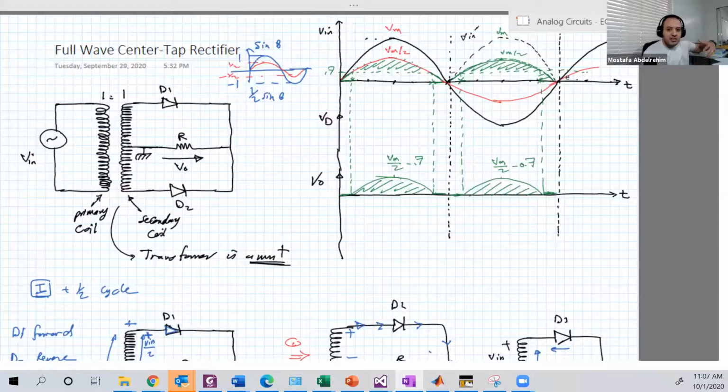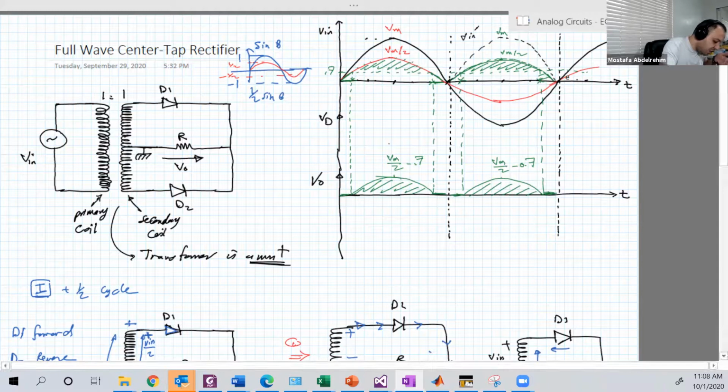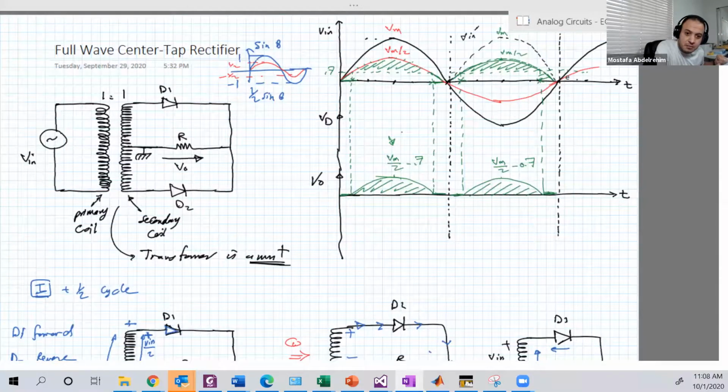Now one might say this may be equivalent to the half-wave rectifier. No. Because yes, I know that you are saying this because this is Vmax over 2, not Vmax like the half-wave rectifier. But this can be fixed.